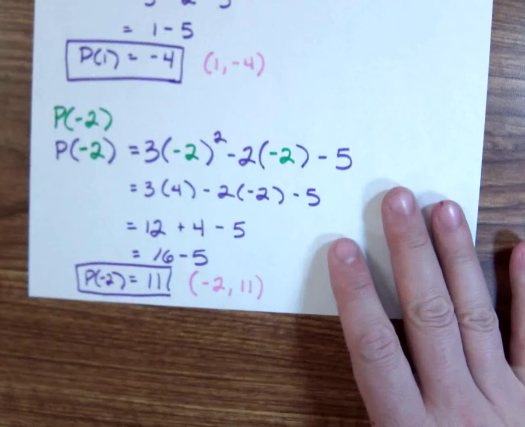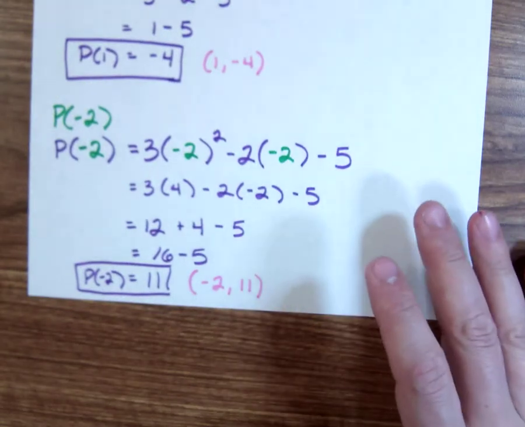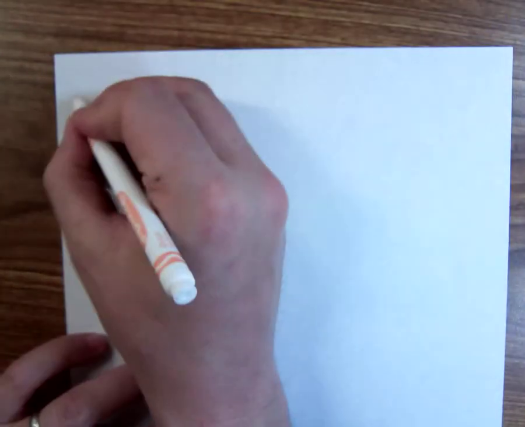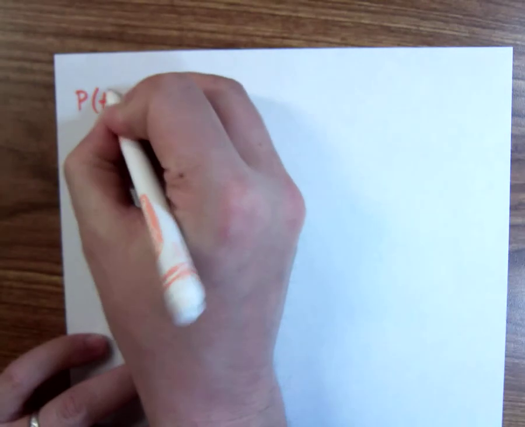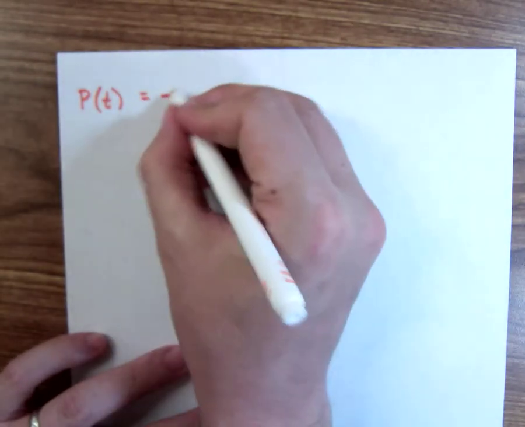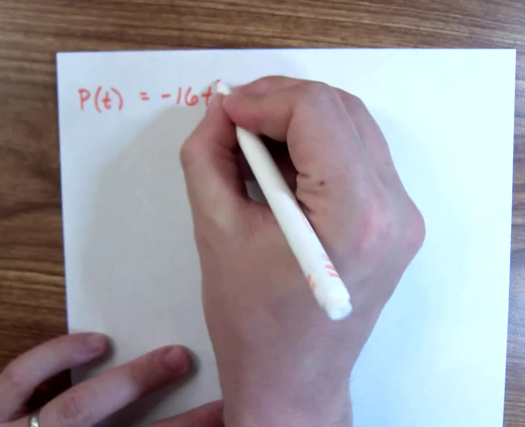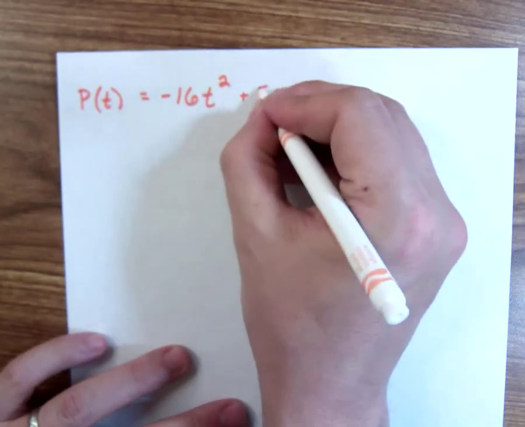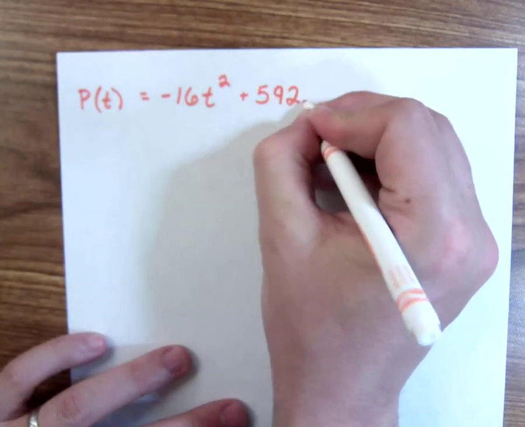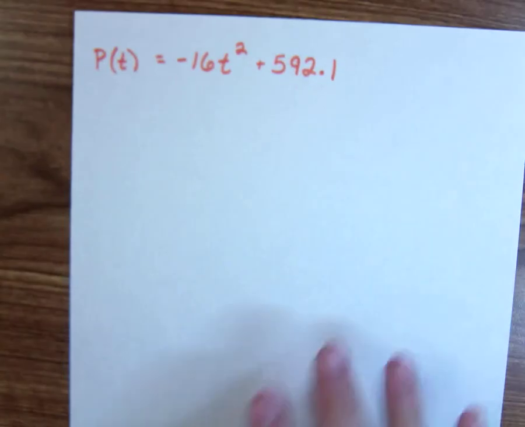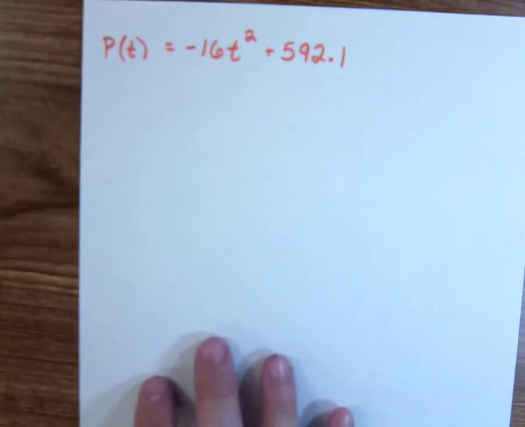So let me give you an application of this function notation. I'm going to show you a somewhat common equation. If you've been taking a bunch of science classes, you've seen this. You seen that before?